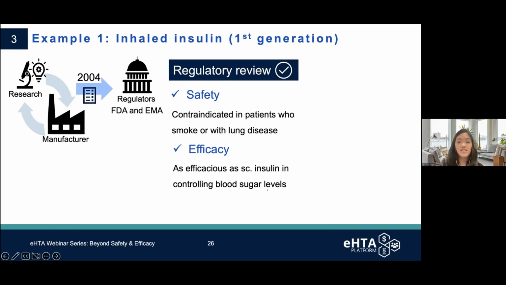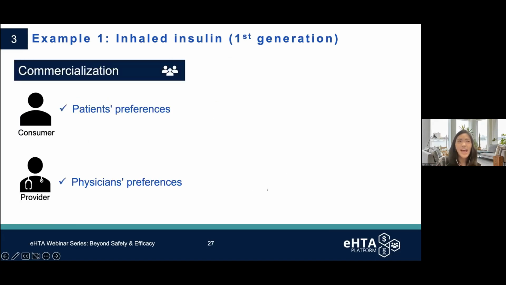And then the regulatory agencies felt that the benefits outweigh the risks. So the drug received approval in 2006. And then in 2006, the company started selling the product. And then they started noticing that Exubera was underperforming.